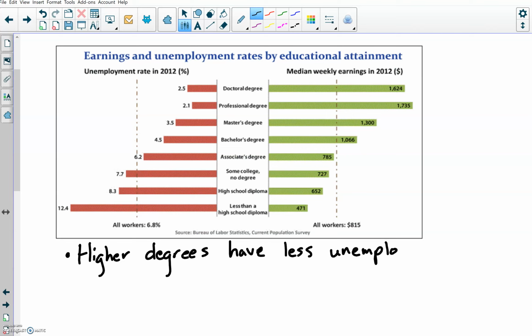But overall, as you go up the list, there's definitely less unemployment. Higher degrees have higher salaries overall. As you go up that list again, the salaries just keep getting bigger and bigger, except for a little weird stuff at the top.